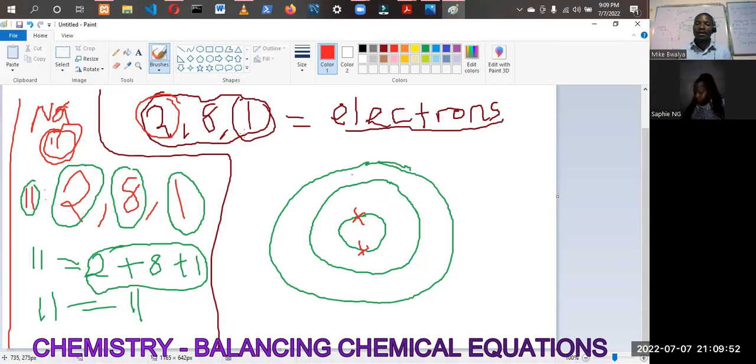The second one is 8, so you put 8 electrons.